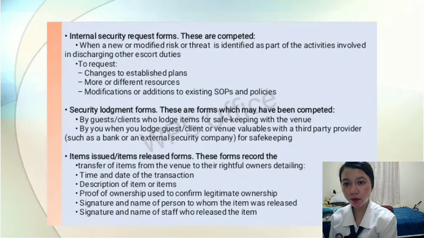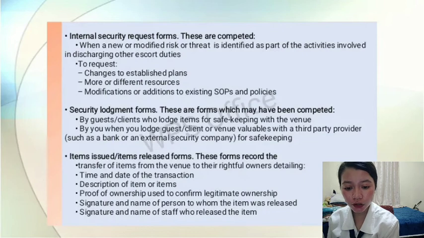Kailangan din may proof of ownership nila para masigurado na sa kanila talaga yung item na yon kapag i-release na. Kasi baka kunyari nagpapanggap lang sila na sa kanila yon, wala na, hindi mo na makukuha. Signature and name of person to whom the item was released.